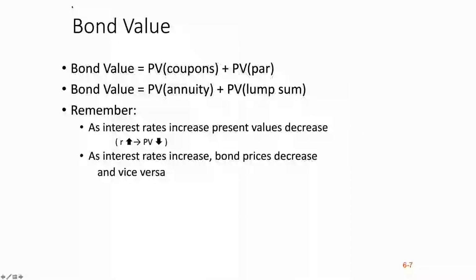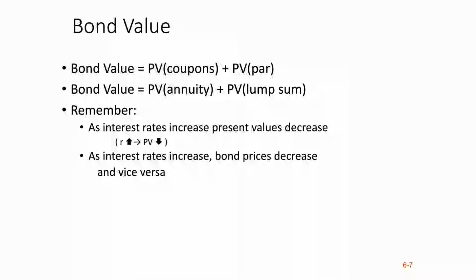Now, the bond value, as I said, is the present value of the future cash flows from the bond. They have two parts. One is the interest payment, which we call the coupon payment. It is an annuity, a constant payment.